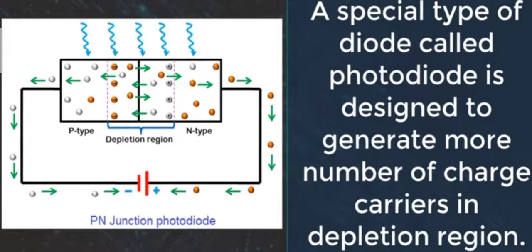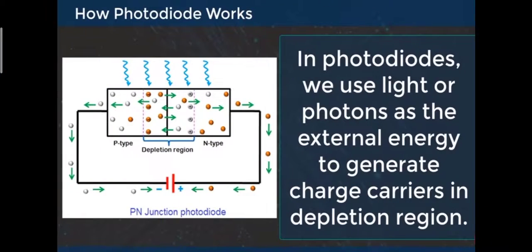A special type of diode called a photodiode is designed to generate more charge carriers in the depletion region. In the photodiode, we use light or photons as an external energy to generate charge carriers in the depletion region.